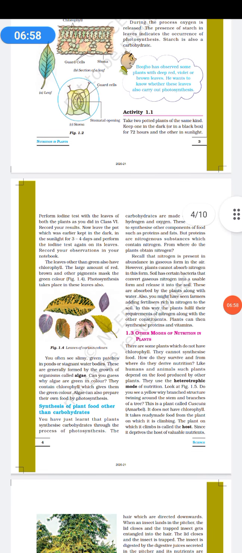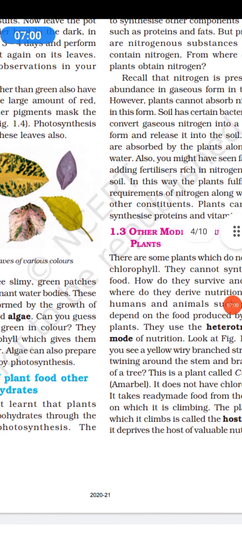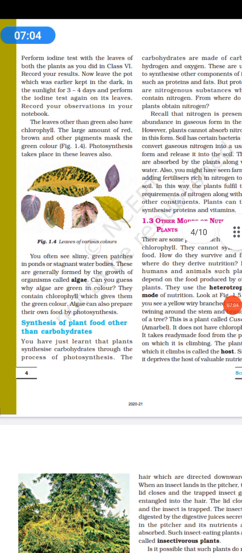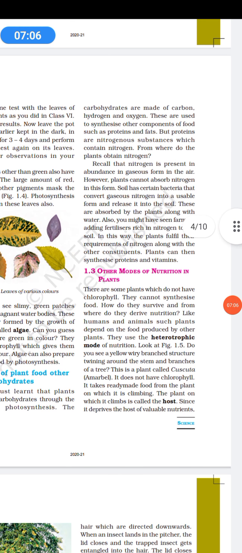Next, after that, we see the synthesis of plant food other than carbohydrates. Carbohydrates we are getting as food; they are obviously one of the important foods that is produced by the plants. But there are also other foods, like nitrogen.